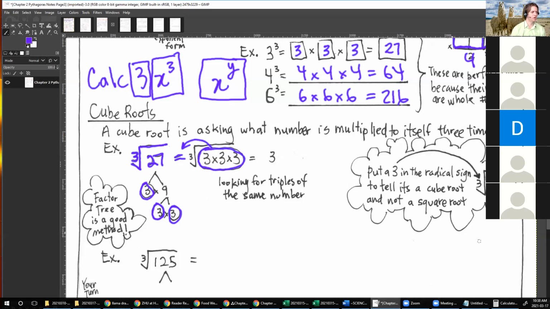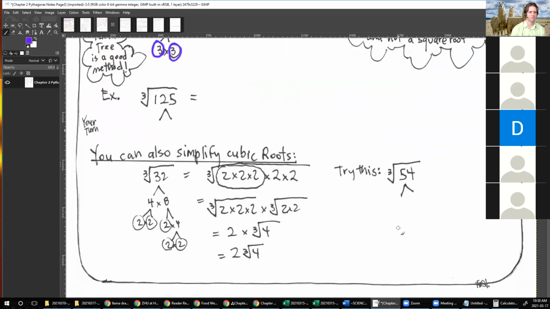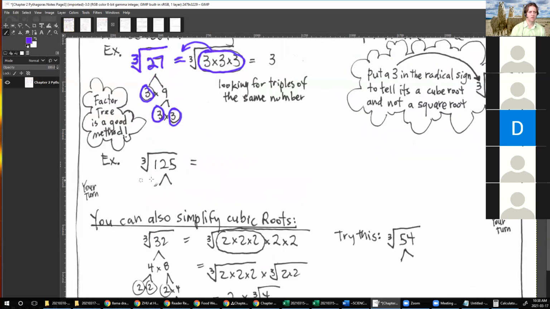Okay, I'm going to do an example at the bottom. My example is 125. Well, I know I can divide that by 5 because it ends in a 5. So 5 times what? Is it 25? If you don't know, do 125 divided by 5 in your calculator. Oh, it's 25. And I know that 25 can go 5 times 5.